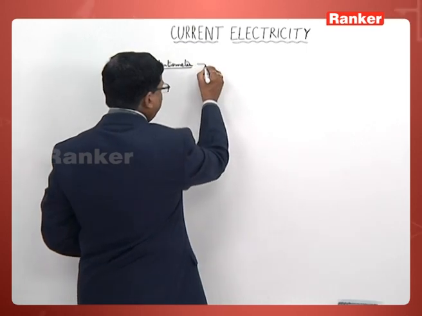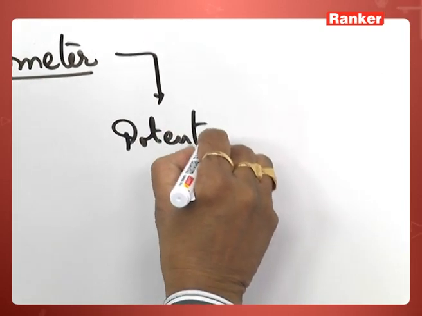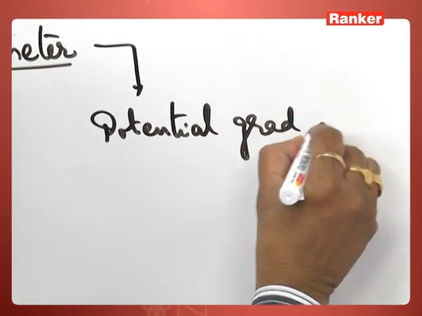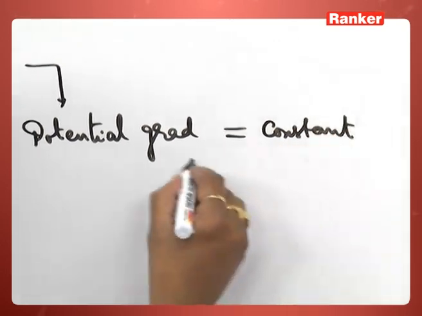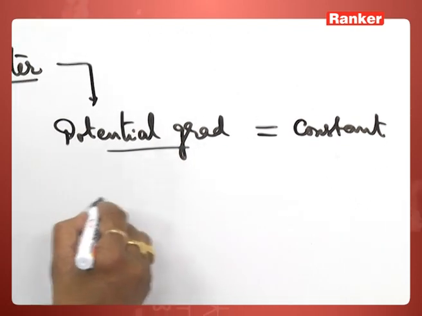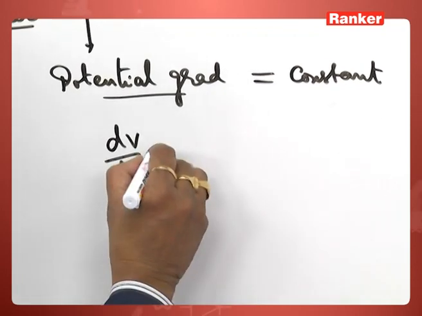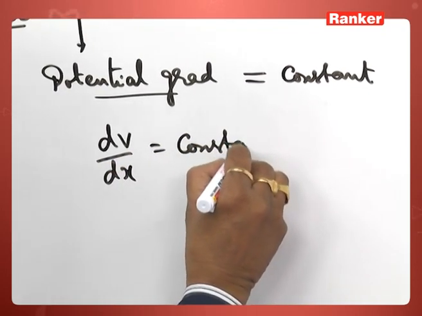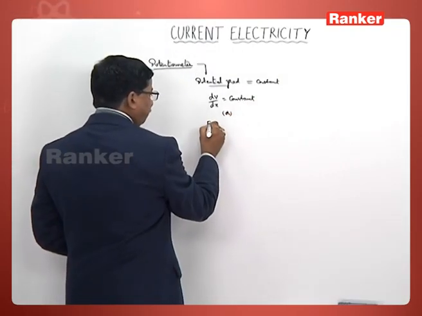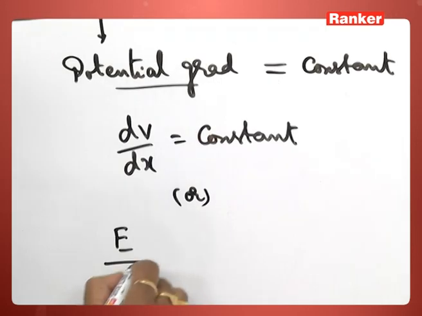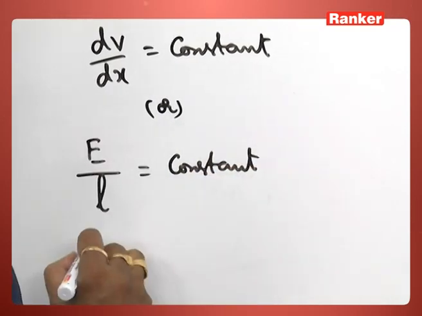What is its principle? First of all, the potential gradient remains constant. What do you mean by this potential gradient? That we can write as dV by dx. That must be constant here. In other words, you can even say, if E is the EMF, the EMF per unit length of the wire remains constant.